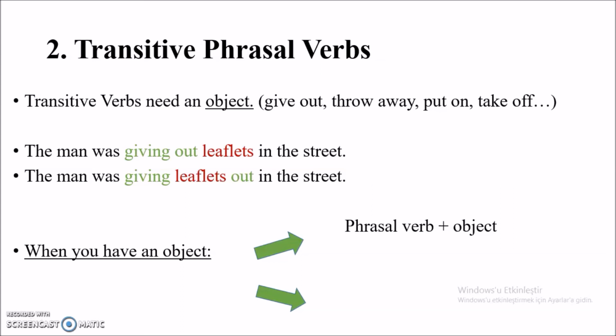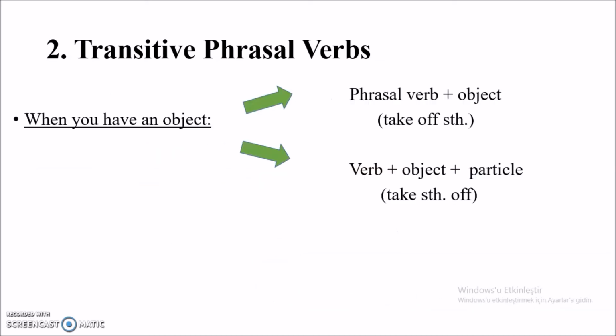You can either use the phrasal verb and then add the object, or you can divide the phrasal verb and put the object in between, okay? So both of them are correct, both of them are grammatical. There are two ways to use your transitive phrasal verbs, okay?